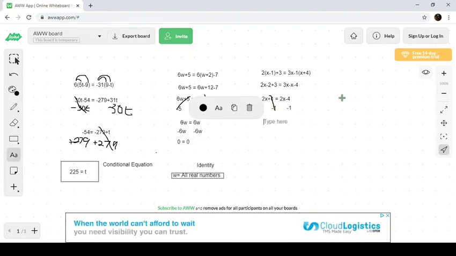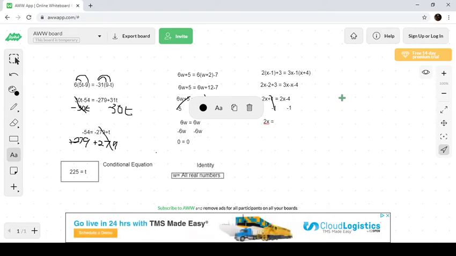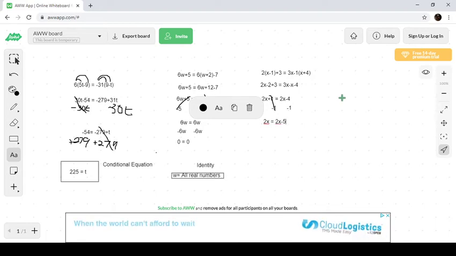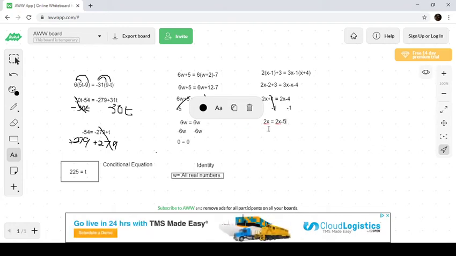So now we just have 2x by itself on the side, and 2x minus 5. Again, that does not make any kind of sense. 2x is not the same thing as 2x minus 5. We're subtracting 5 and it's still the same? Doesn't make any sense to me. Let's keep going though.